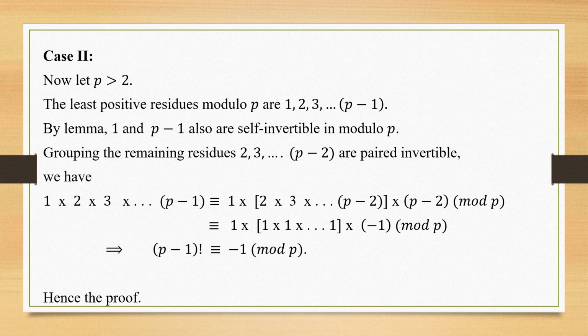Just as 5 factorial can be written as 1, 2, 3, 4 and 5, the product 1 into 2 into 3 into so on up to P minus 1 is P minus 1 factorial, and the right hand side is minus 1 mod P. Hence the proof.